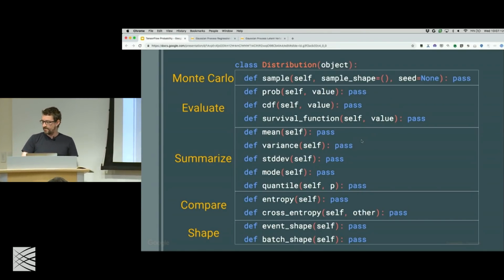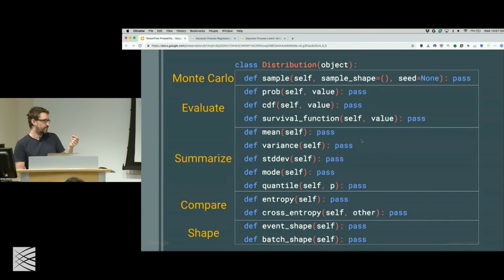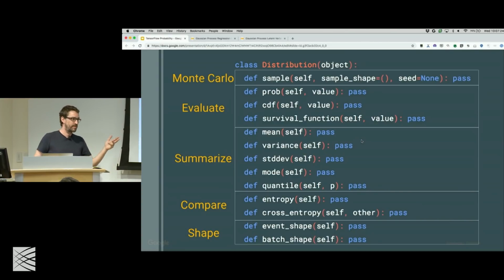The two main kinds of shape that we think about are event shape and batch shape. Event shape is something like the dimensionality of the space that your distribution is defined over, right? So a normal distribution is maybe over a one-dimensional variable. That would be an event shape of scalar. Whereas a multivariate normal distribution would be vector variate and would have an event shape of, say, whatever the number of dimensions is.